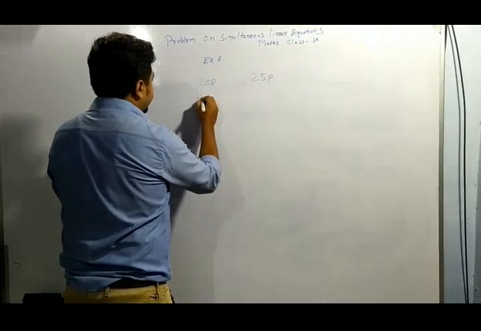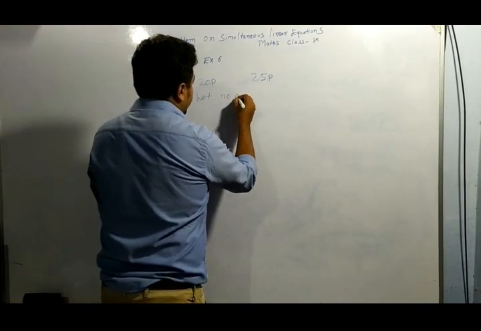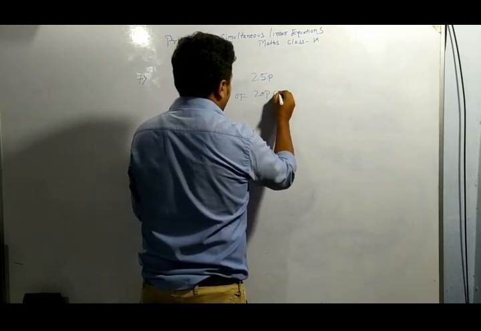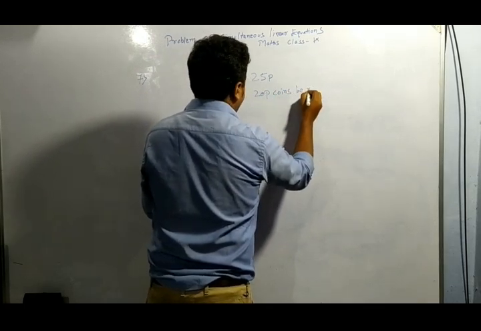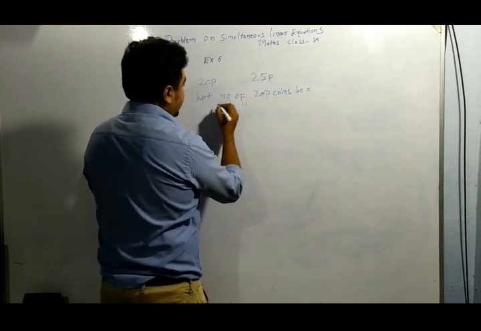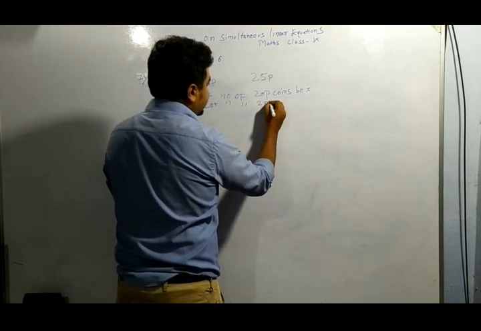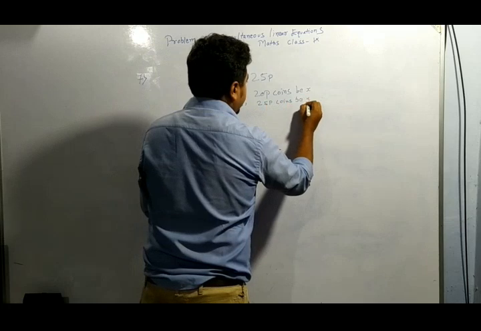So I will be taking, let number of 20 paise coins be x, and let number of 25 paise coins be y.